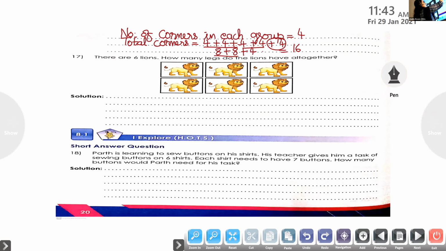Then 16 plus 4 is 20. Good. So there are 20 corners in 5 squares altogether. So this is the answer.